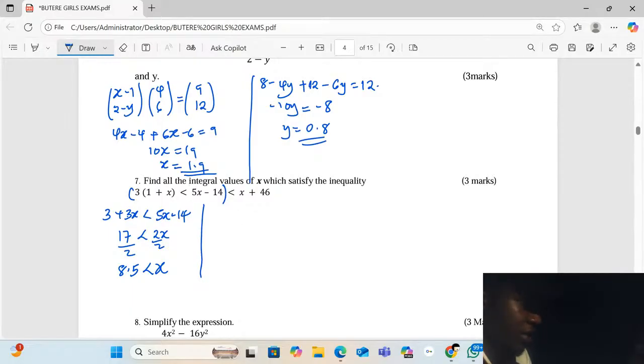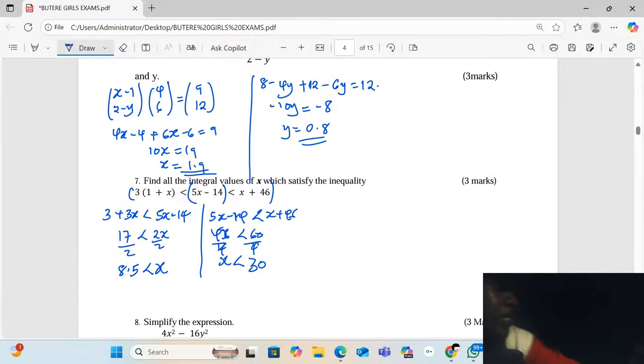So we shall take 5x minus 14, which is also less than x plus 46. We collect the like terms together. So we shall have 4x to be less than 60. So divide by 4, so x is less than 30.